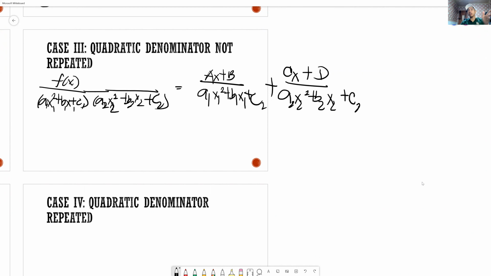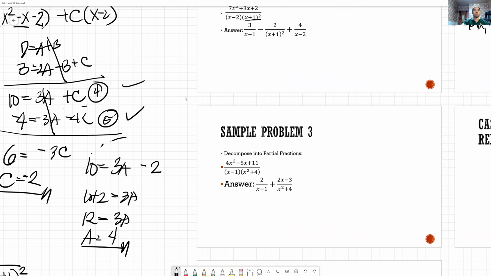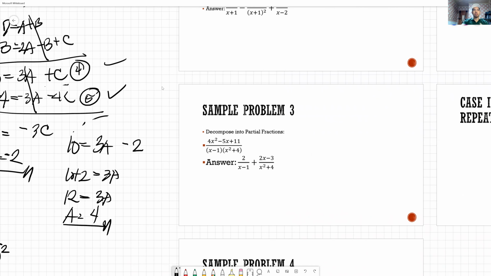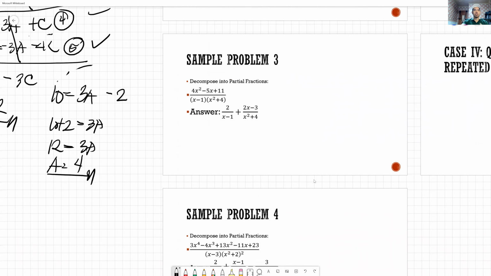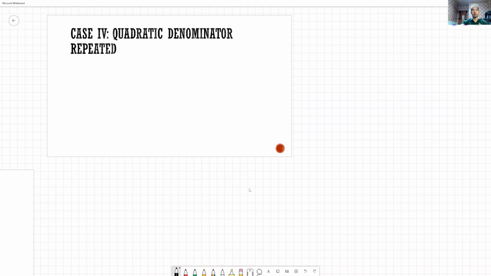So if we have a repeated fraction, that would propagate and then interpolate. So let's have here a sample problem. We're asked to decompose this one. So I think I will just move this since we're running out of space here.